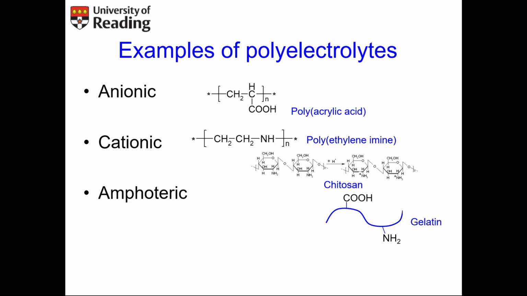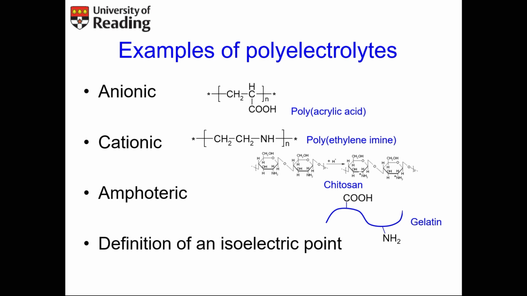That will be a good example of an amphoteric polymer, when you have a polymer with some negatively charged groups attached and positively charged groups. Also, what is important to know is that specifically for amphoteric polymers, you have a special property that is called isoelectric point.